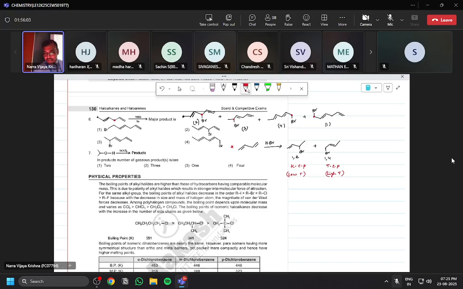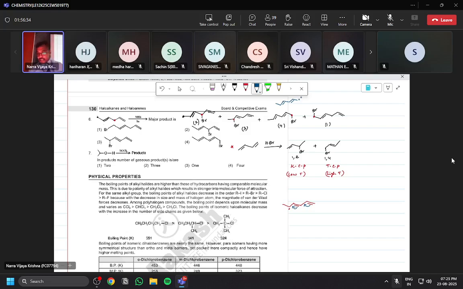But in this case, I got the radical here. This can shift here. At the same time, this also can shift here, na? Showing conjugation in the same direction. There is no interference, right? And it is a secondary radical. In this case also, continuous conjugation, extension of conjugation, but primary.